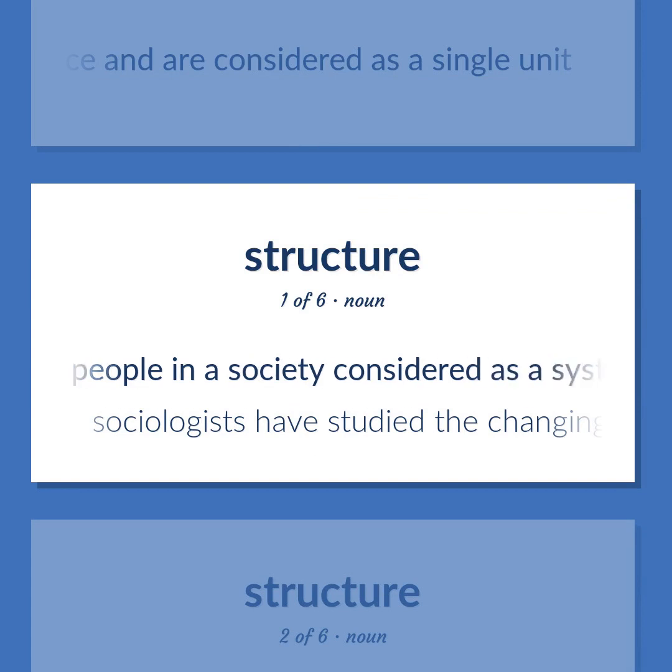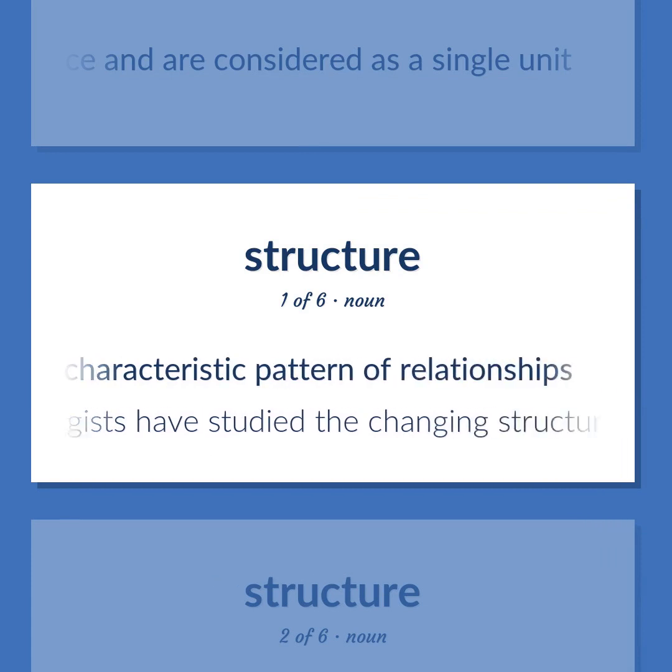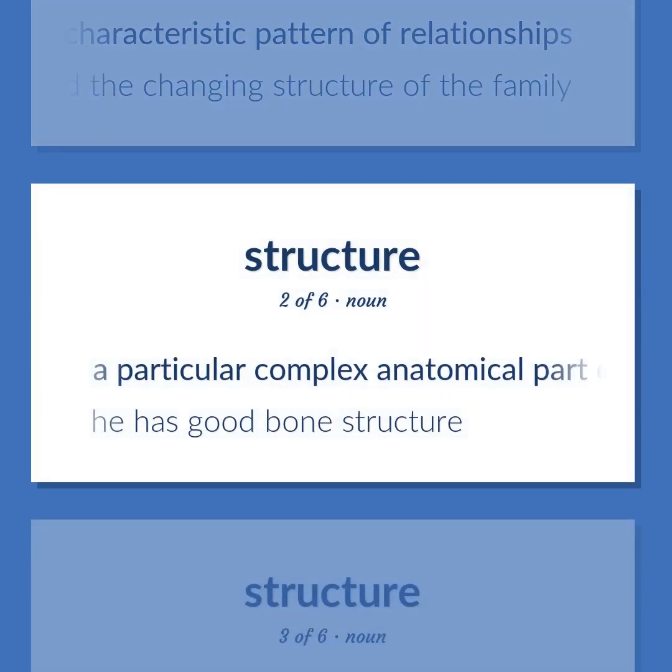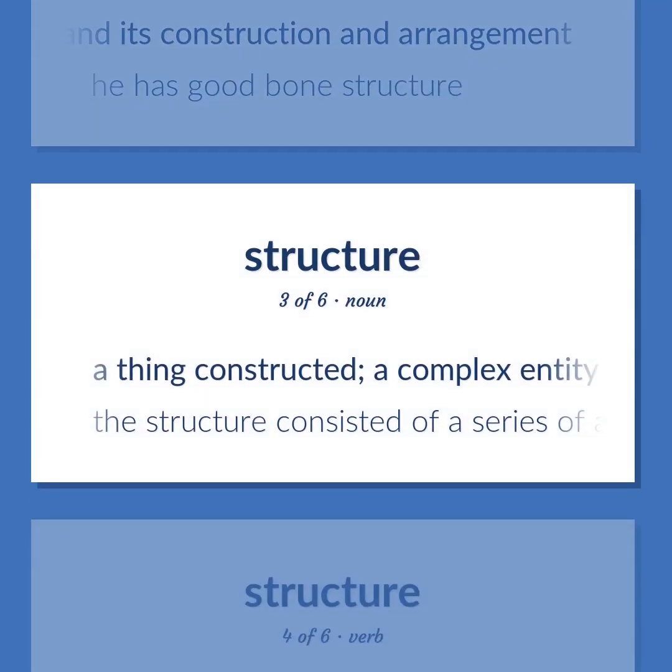The people in a society considered as a system organized by a characteristic pattern of relationships. Sociologists have studied the changing structure of the family. A particular complex anatomical part of a living thing and its construction and arrangement. He has good bone structure. A thing constructed, a complex entity constructed of many parts.